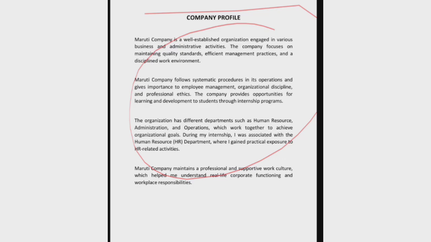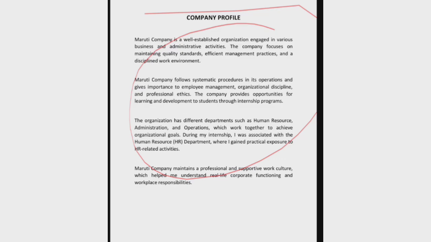The Maruti company follows systematic practices in its operations and gives importance to employee management, organizational discipline, and professional ethics. The company provides opportunities for learning and development to students through an internship program. So this type you can write, your company background.